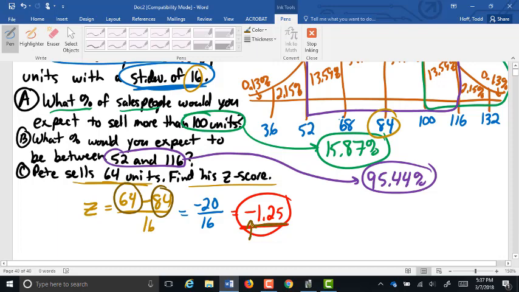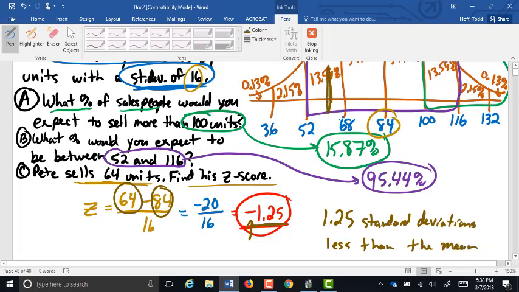The 1.25 is how many standard deviations. So what this is saying is Pete's sales for that week are 1.25 standard deviations less than the mean.